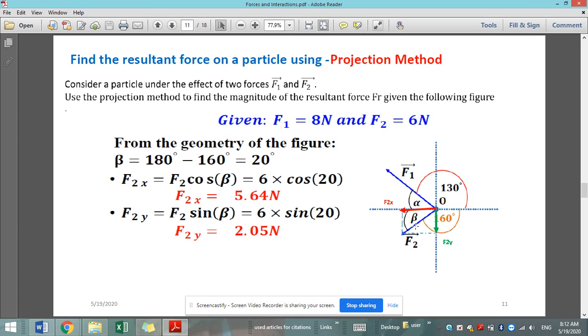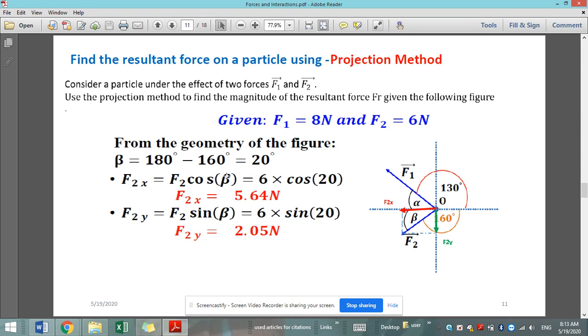So now talking about F2, beta is 20 degrees. Let us project F2 on the x-axis and y-axis in order to calculate the magnitude of its components. F2x is equal to F2 cosine beta, and F2 is given to be 6.